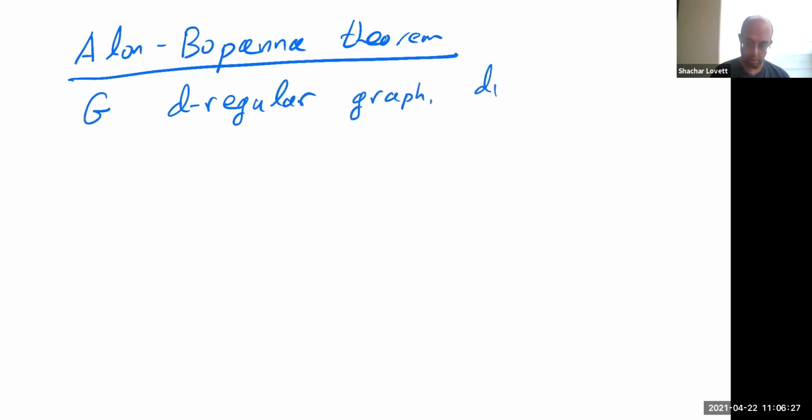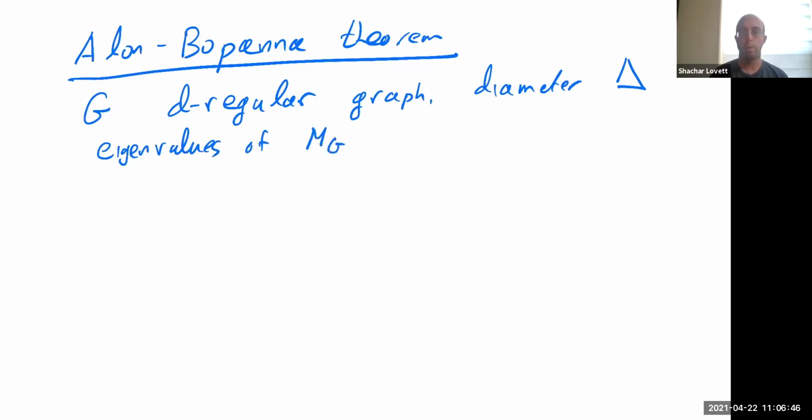Its diameter is delta, which, to remind you, is going to be at least log n if d is small. And the eigenvalues of M_G, which, to remind you, is how we denote the unnormalized adjacency matrix, are lambda 1 at least lambda 2 at least ... at least lambda n.